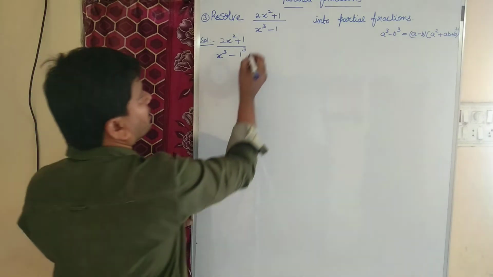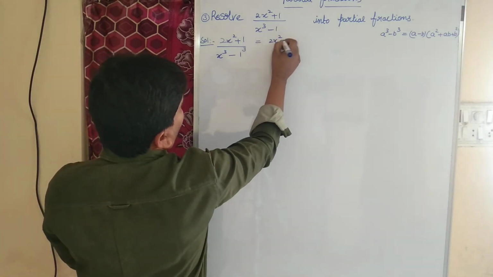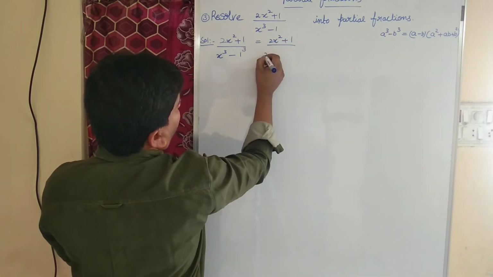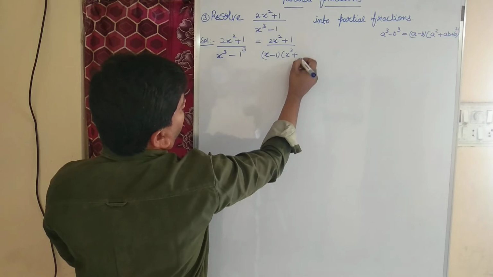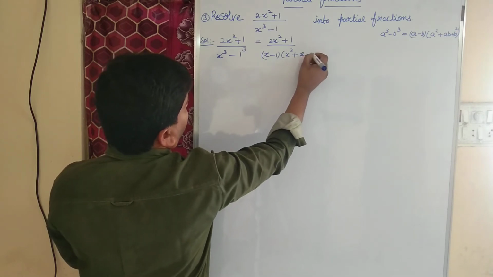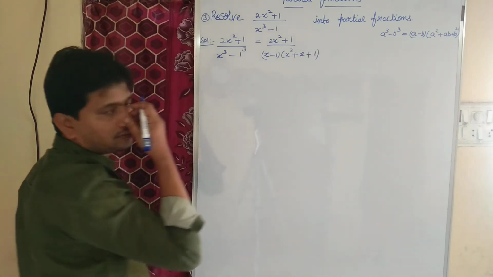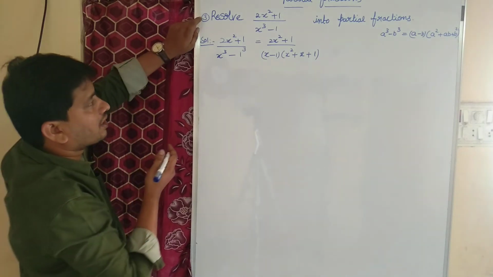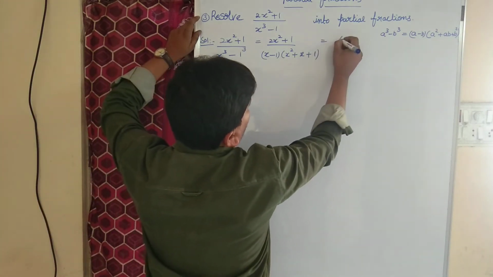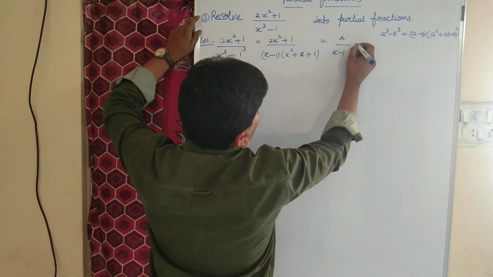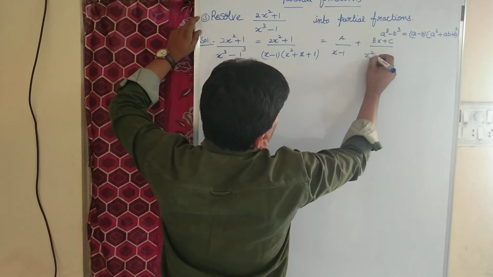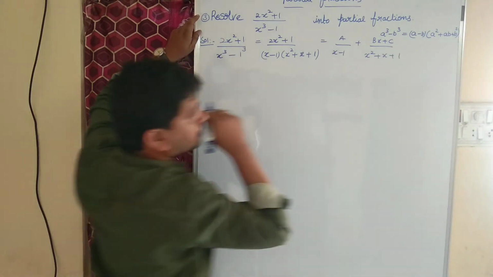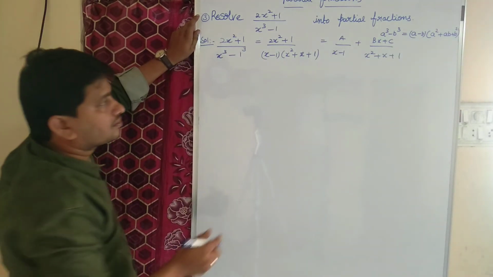So this I can write as 2x square plus 1 by x minus 1 into x square plus x into 1 plus 1 square. Right? So further we can write it as a by x minus 1 plus bx plus c by x square plus x plus 1. Okay children?